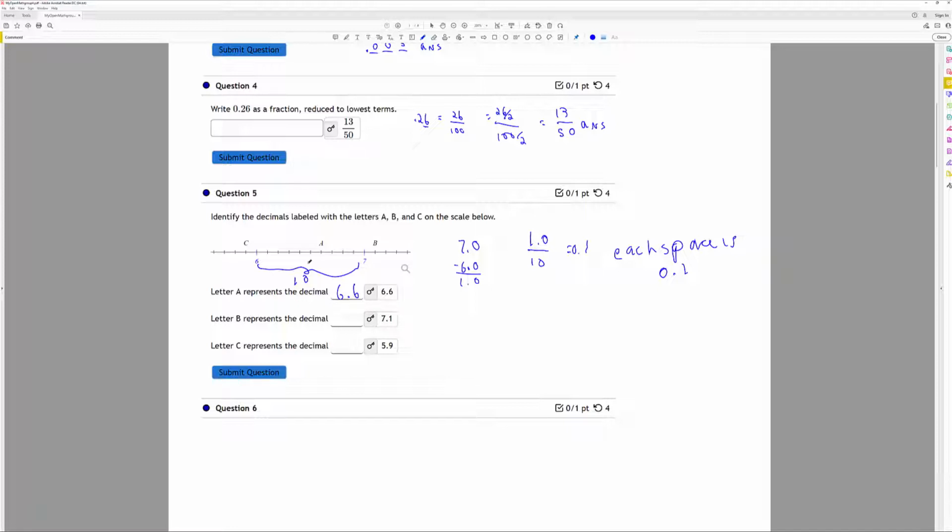And for B, since I know the space is 0.1, and if I count down 1, 6.0, going down a tenth will make it 5.9. And since this is 7, going up a tenth will make that 7.1. And that's number 5.